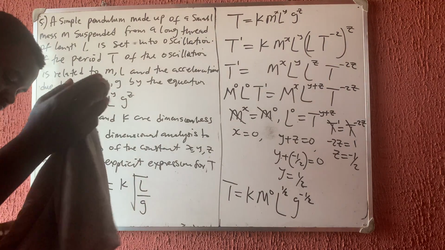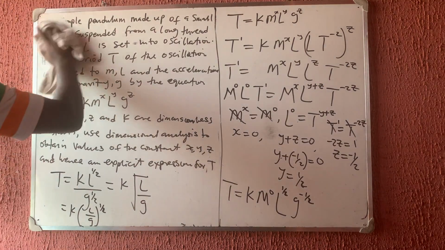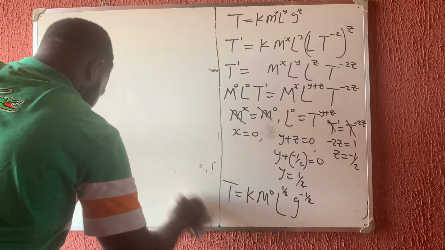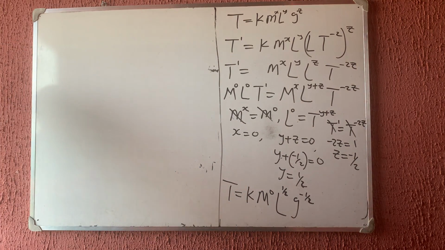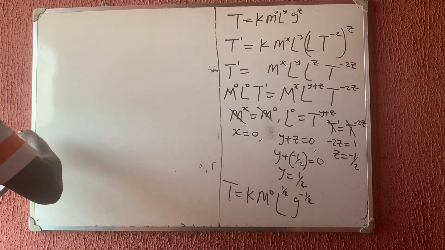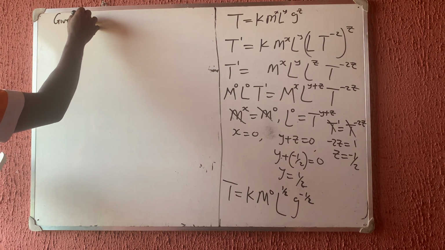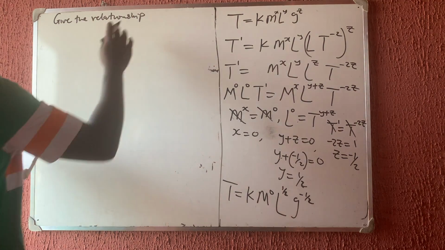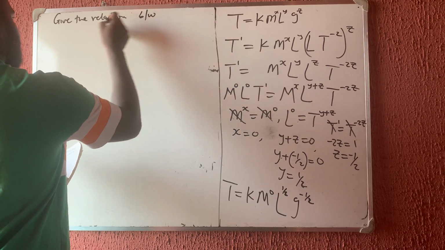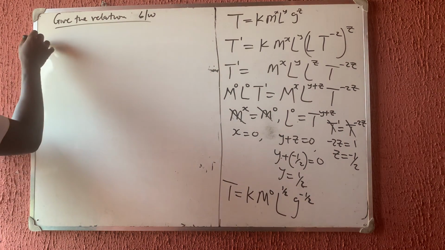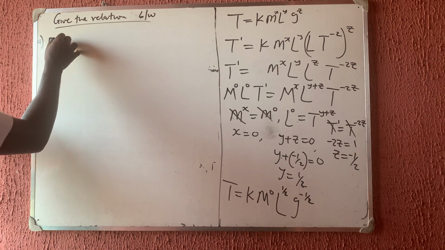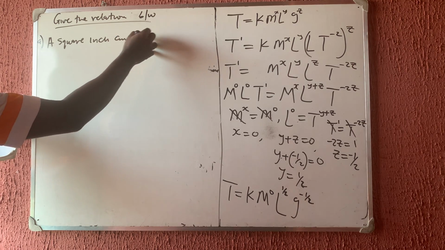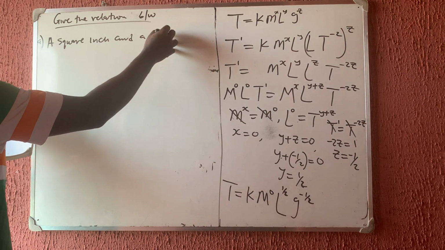So question number 6. Question number 6 said, give the relation between a square inch and a square centimeter.